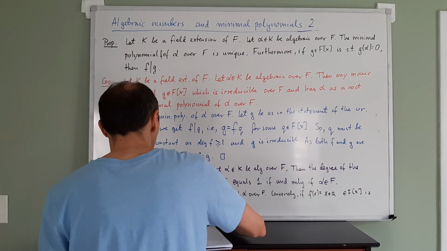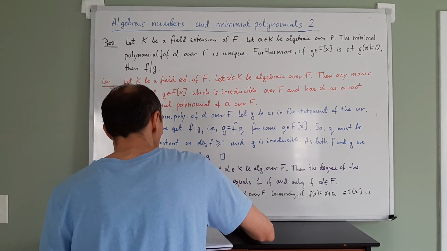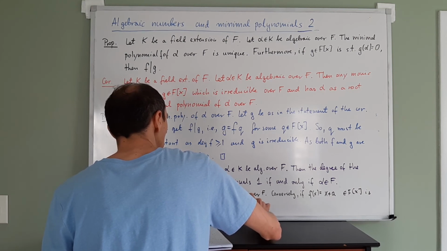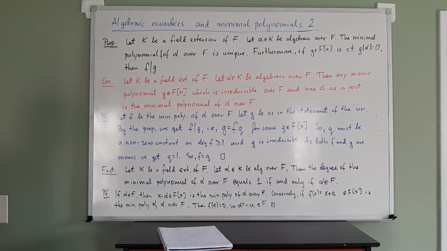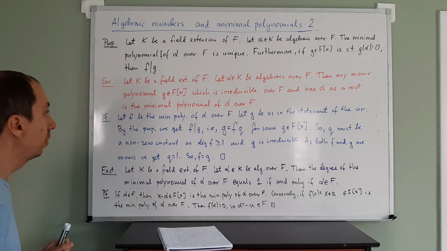Then f of alpha is 0, so alpha is equal to negative a. Okay, so let's now move to our examples.